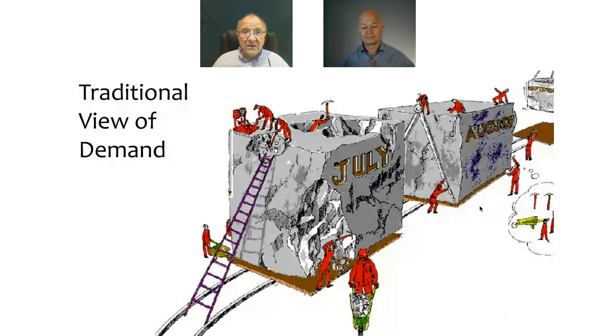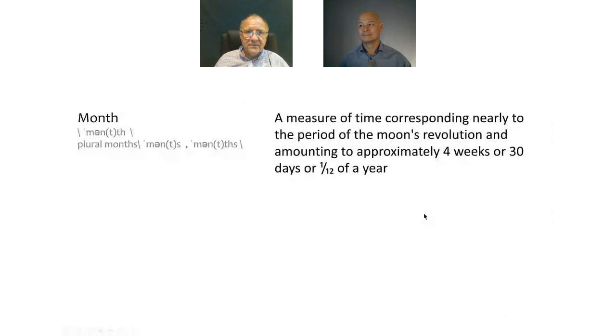Meanwhile, in the background, there's the next month's demand in a big monolithic block, and that's being measured up by the planners who are working out what capacity and what materials we need to handle this block of demand. And then way in the background, you've got the next month's demand being lowered down onto the rails with a crane. That is a very traditional view that you'll find in a lot of people's heads and embedded in a lot of traditional planning systems.